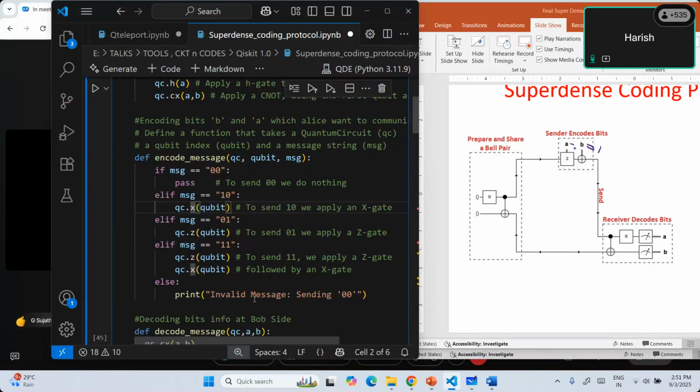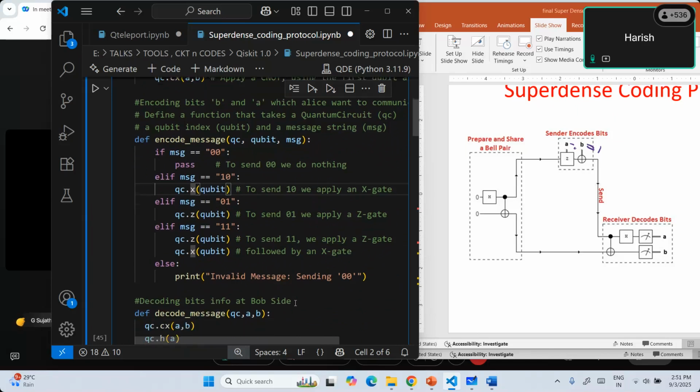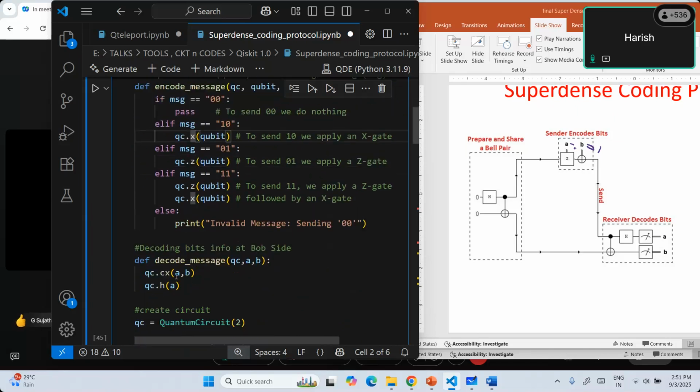And we are saying that if you input anything other than these values, because the possible values for 2 bits are only these four: 00, 10, 01, and 11, then it says invalid message. In the decoding part, if you remember, we apply a controlled-NOT gate and a Hadamard gate, so we implement the decoding function with these two gates.